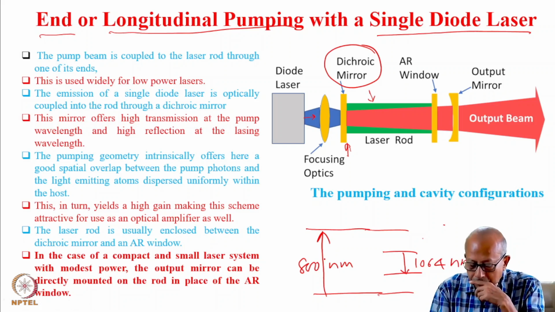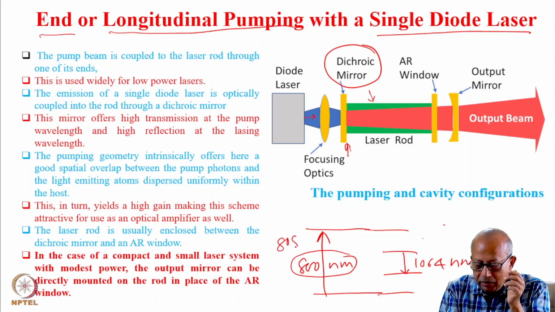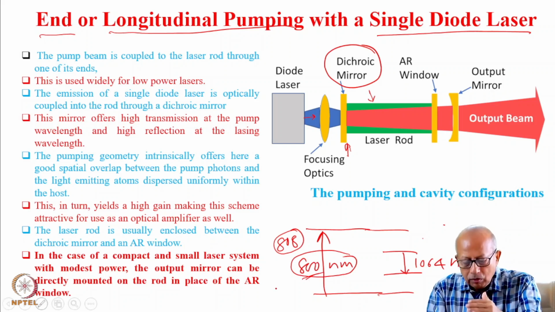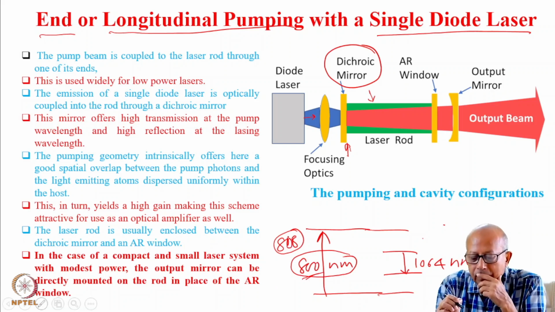So now the diode laser operates at around 800 nanometer. Actually 808 nanometer is the diode which is available closest to this pump wavelength. So 808 nanometer is the wavelength of the diode.